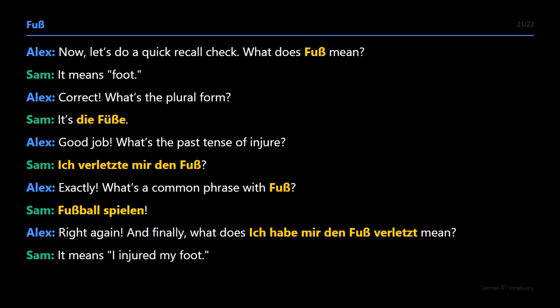Ich verletzte mir den Fuß. Exactly. What's a common phrase with Fuß? Fußball spielen. Right again. And finally, what does Ich habe mir den Fuß verletzt mean? It means I injured my foot.